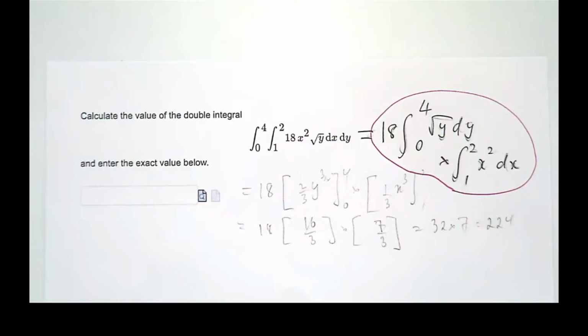So is it necessary? No. If you don't like it, then don't use it. But I think it's nice because it breaks it down to what you know from high school. Then you just do the bits individually and multiply them together. I think you get 224.